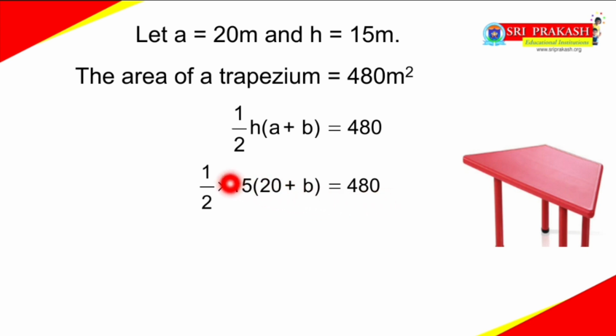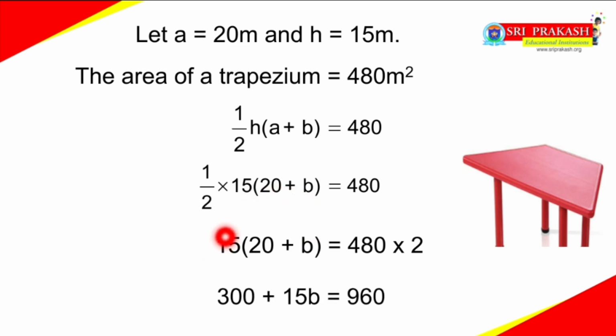Children, now let us shift this 2 which is present in the denominator from LHS to RHS. Then it will multiply. Then we get 15 into 20 plus b is equal to 480 into 2. Now let us multiply 15 with 20 as well as 15 with b. Then we get 15 into 20 which is equal to 300.